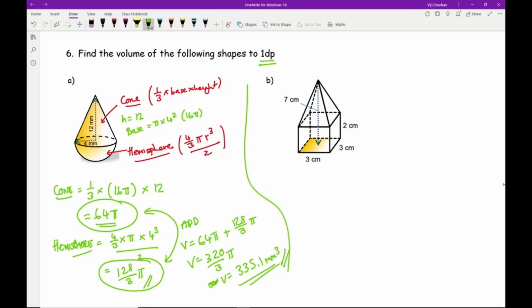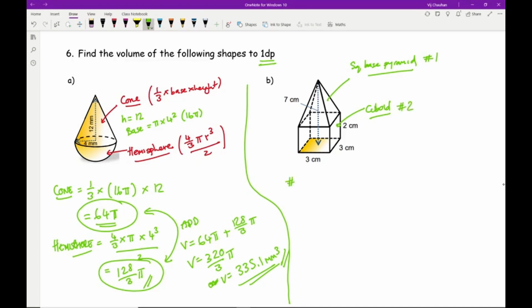Then for question B, so again here what I've got is a square base pyramid, and I've got a cuboid. So what I need to do is work out those 2 separate volumes. I'm just going to call this one #1 and this one #2.